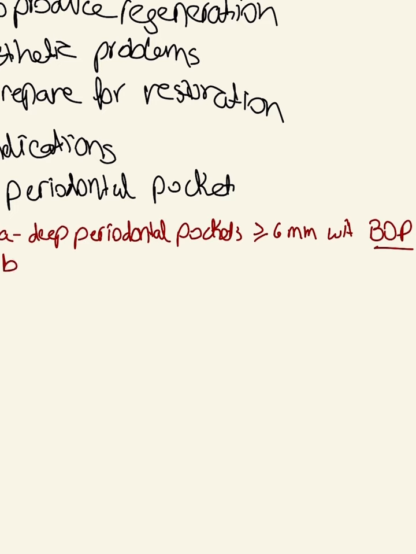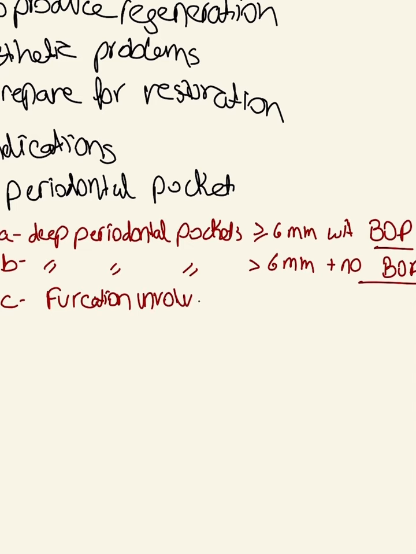Okay. And we have deep periodontal pockets also with more than 6 millimeters, but with no bleeding on probing. And if you have furcation involvement.